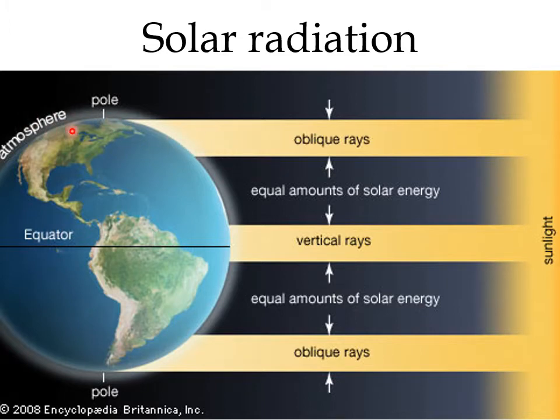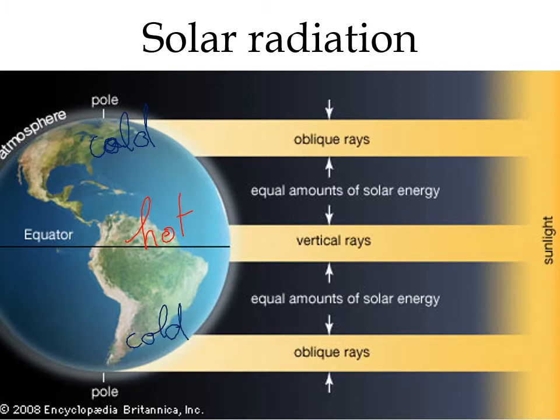It doesn't receive them directly, vertically. So they can't warm this area as much as this. For that reason, this area has a hot climate, while these northern and southern areas have a cold climate. And in the middle, we've got a temperate one.